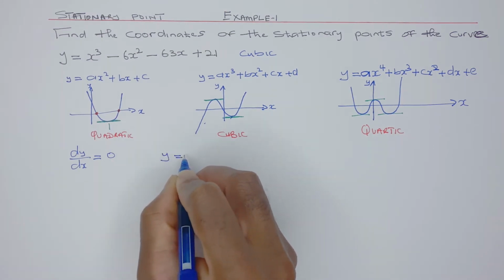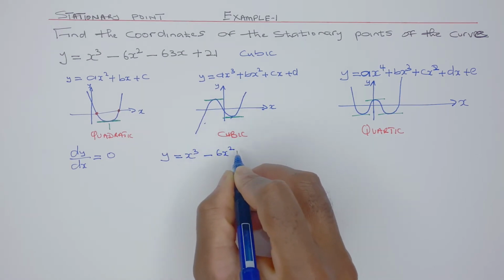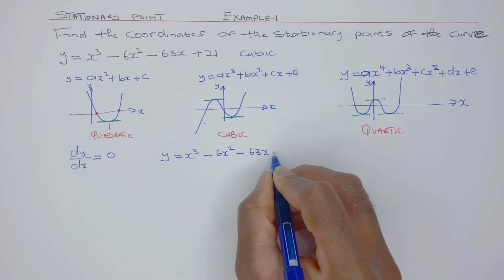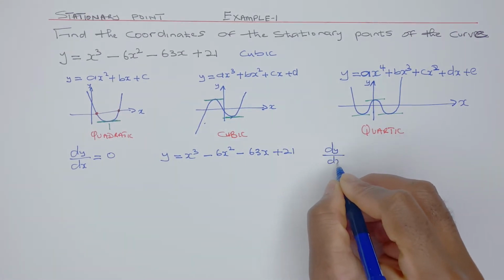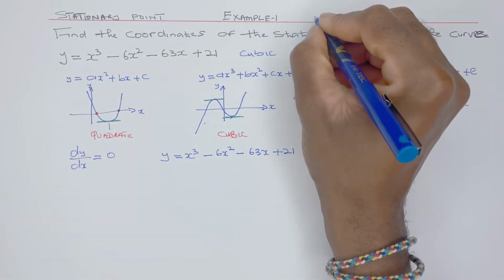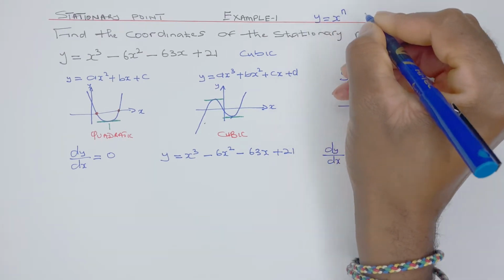y equals x cubed minus 6x squared minus 63x plus 21. To differentiate, you must have a function y equals x to the power of n.